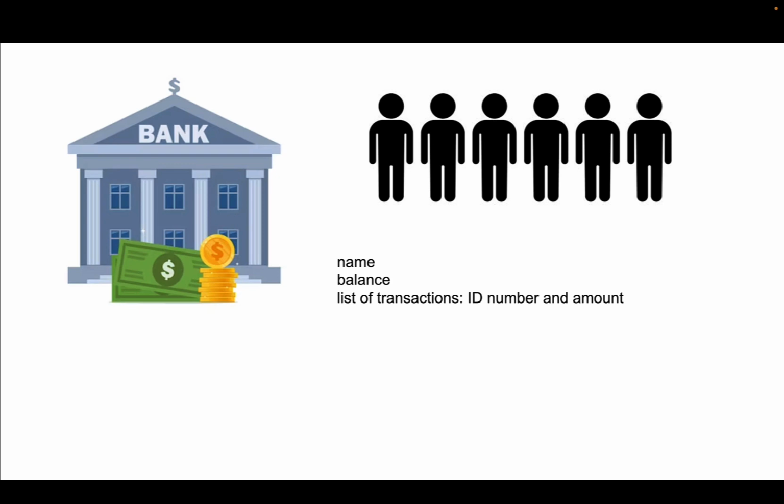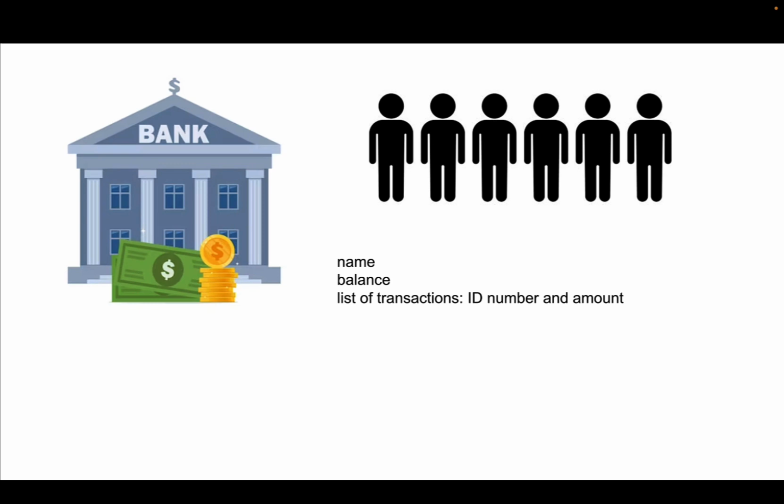And there's some other things, right, that you would want to keep track of for each user. You know, if it's a withdrawal, did it happen at Safeway? If it was a deposit, was it cash? Was it from a paycheck? There's other information, but just to keep our example simple, we will say that every account has a name, a balance, and a list of transactions.